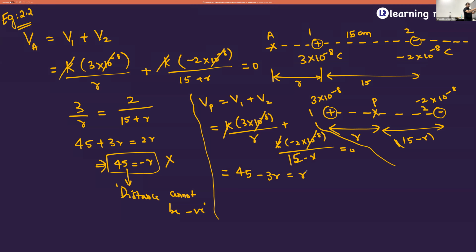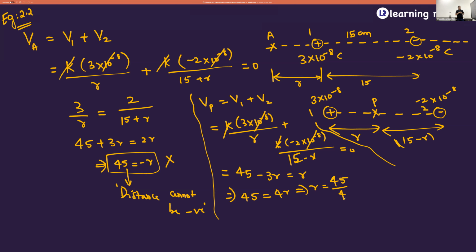Okay, you take this value to the other side. 45 minus 3R will be equal to R. This will imply 45 is equal to 4R, or R will be equal to 45 divided by 4. How is it 9? Yeah, 11 point something. But one minute.